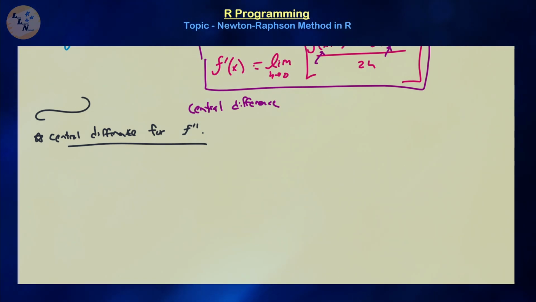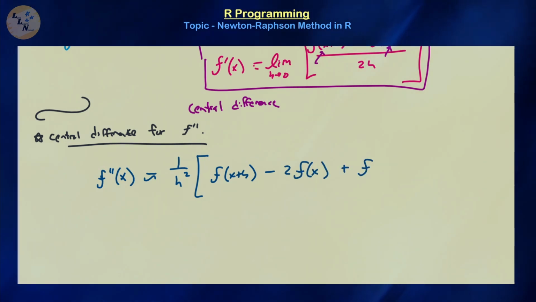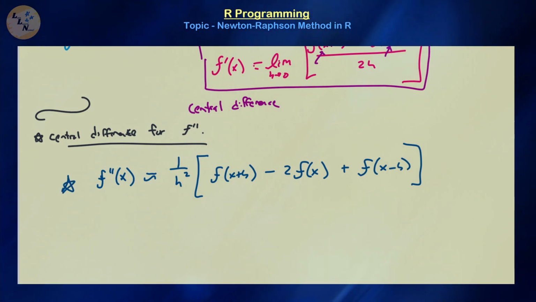So the second derivative of a function f can be approximated, the limit as h approaches 0 theoretically, of 1 over h squared of f of x plus h minus 2 f of x plus f of x minus h. And that's the central difference approximation for f double prime.